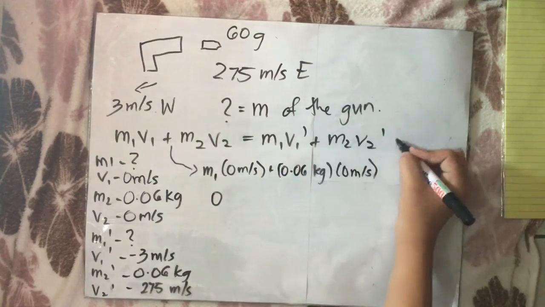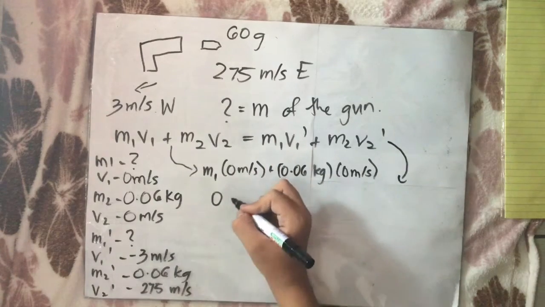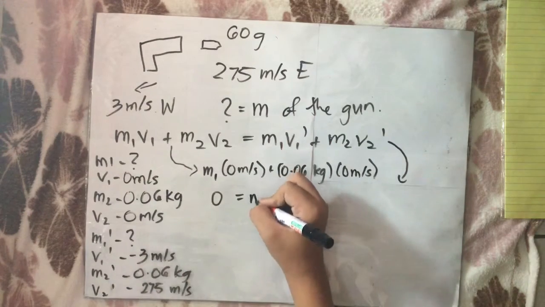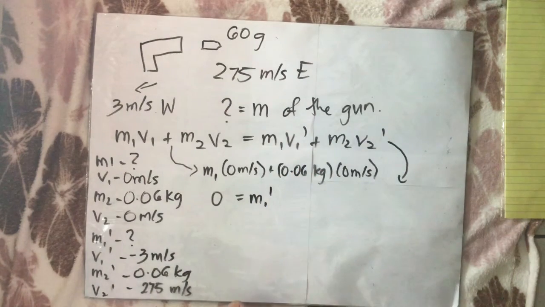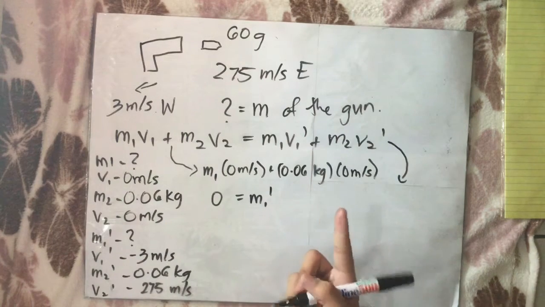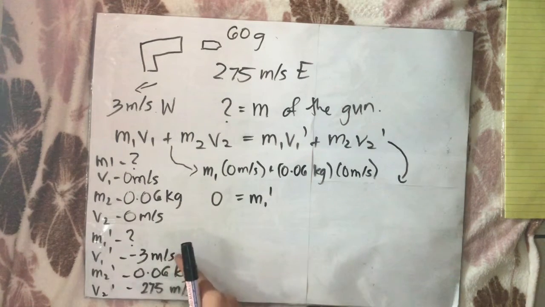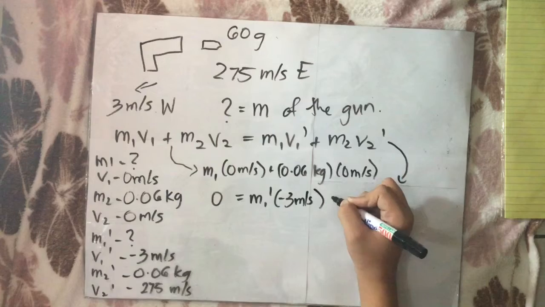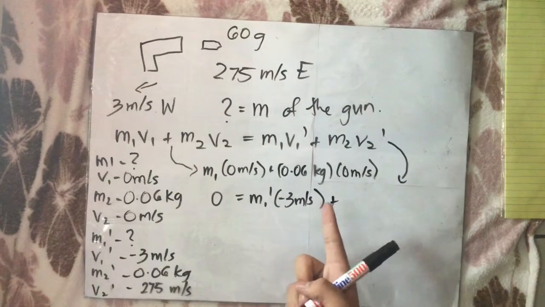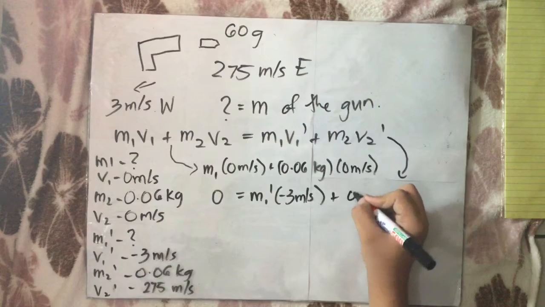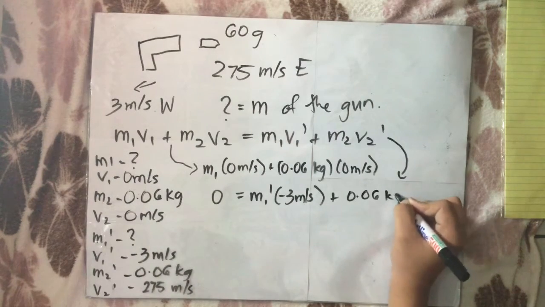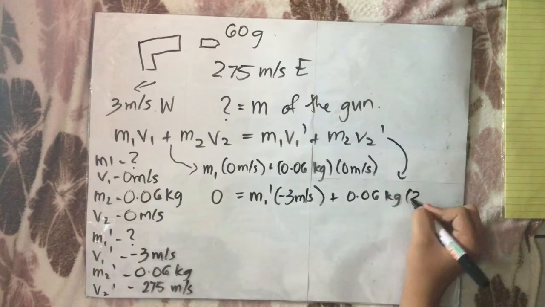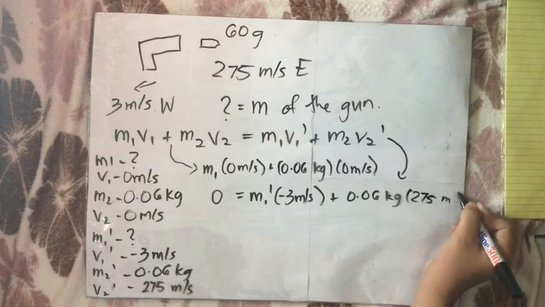And then this is equal to mass 1 after, which is still the question mark, times velocity 1 after, which is negative 3 meters per second, plus M2 after, 0.06 kilogram, times the velocity 275 meters per second.